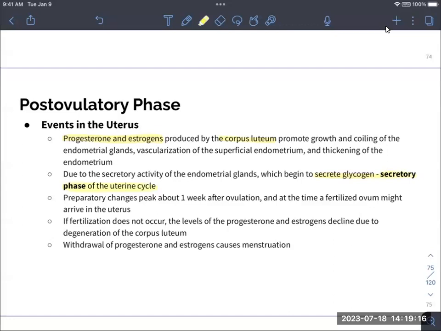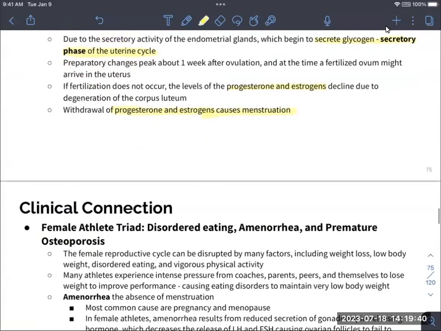So these changes peak 1 week after ovulation because that is when this ovum, if it was fertilized, would arrive at the uterus. If that fertilization does not occur, progesterone and estrogen start to decline because that corpus luteum is going to degenerate. As progesterone and estrogen levels go down, that is what starts menstruation.